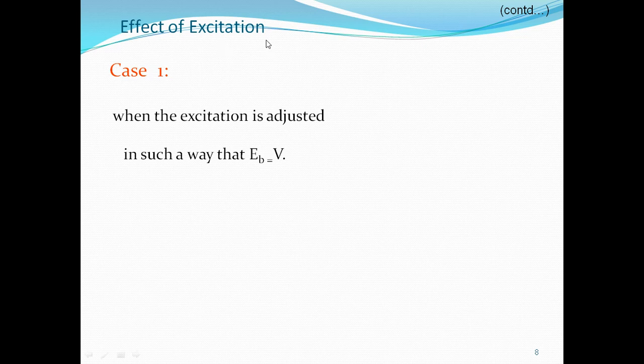We have taken the load on the synchronous motor as constant, so the input power P equal to root 3 VL IL cos phi drawn from the supply, and the supply voltage is also constant. So since input power P and supply voltage V are constant, the product I into cos phi is also constant.